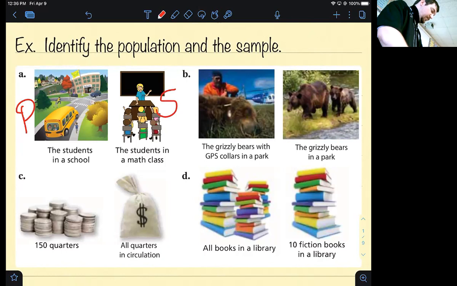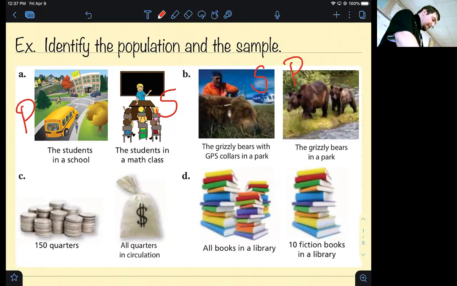Aiden, what about the grizzly bears in the park with GPS collars or the grizzly bears in the park? Which one's the population? Which one's the sample? I think the grizzly bears in the park would be the population. That would be correct. That's all of them. And if you just count the ones that have GPS collars on them, that's a smaller number. Samples are always smaller than the total population.